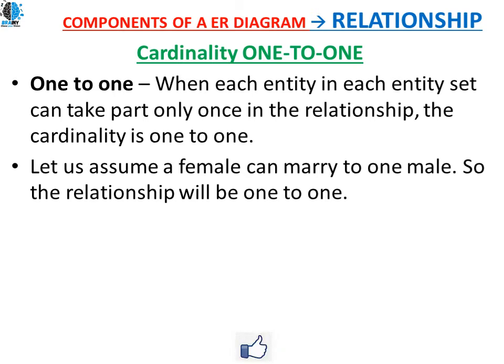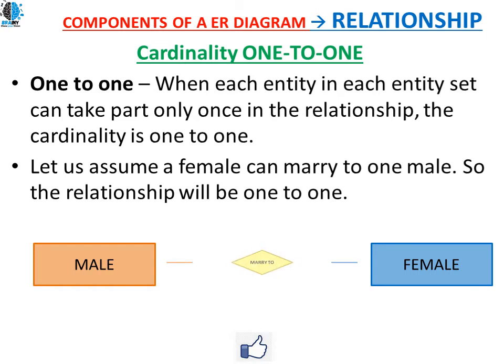Let's assume a female can marry a male, right? So the relationship will be 1-to-1. One female and one male can marry, right? So here I have a relationship between two different entities, that is male and female. So male marries female or female marries male, right?